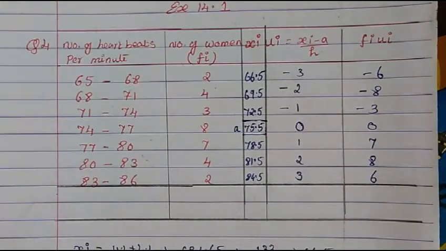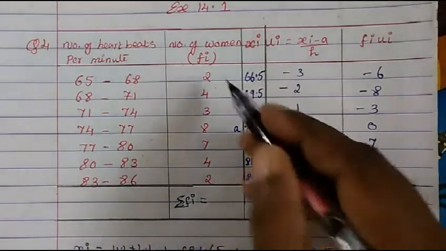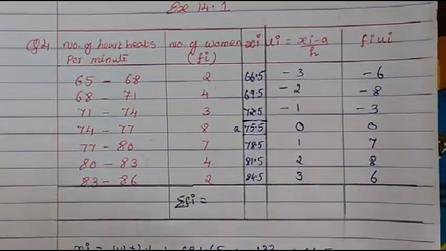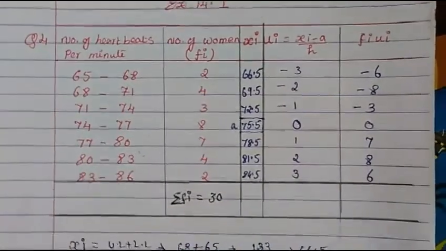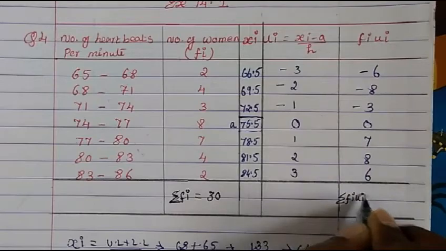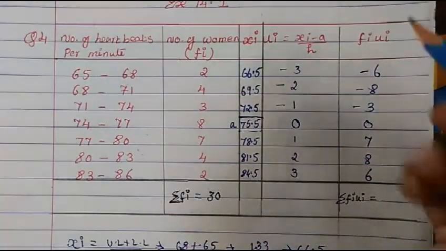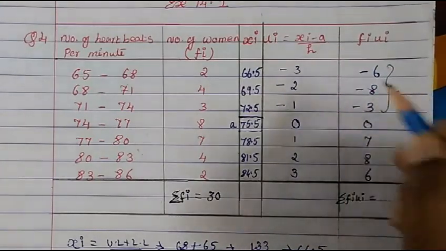So now we have to find the summation of fi. Total fi, how many? 30 they are. And then the summation of fi and ui. So calculate, this is all negative. So all 3 will be in negative.